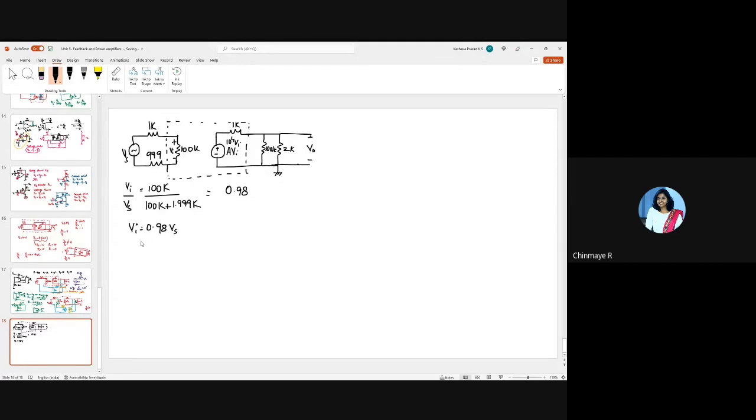So this voltage is getting amplified 10 power 4 times. Therefore, A times Vi will give me 0.98 into 10 power 4. The voltage at this point is what I'm talking about. Now this amplified voltage will again get split between this 1K and a parallel combination of these two resistors. So now can you tell me what's V naught?